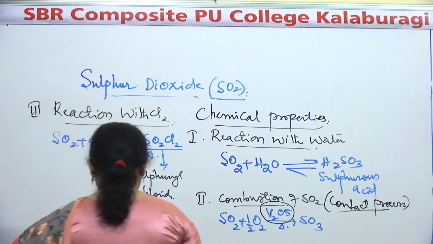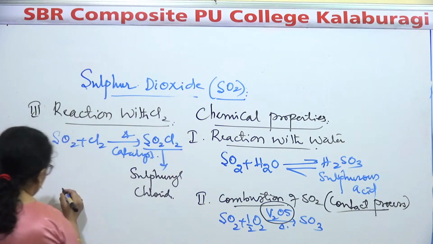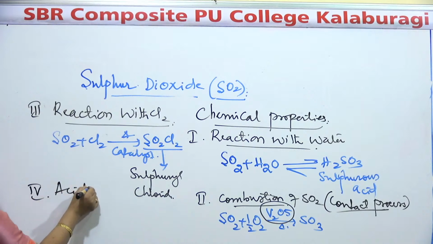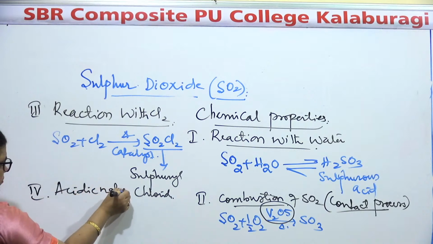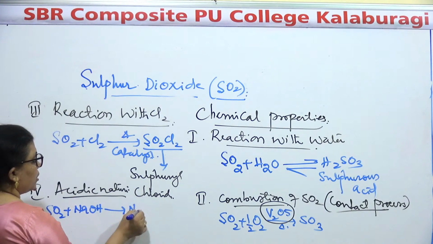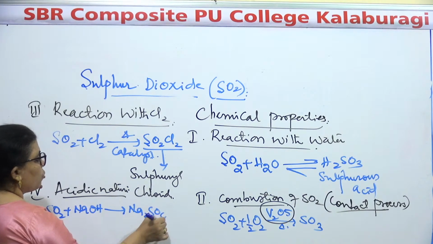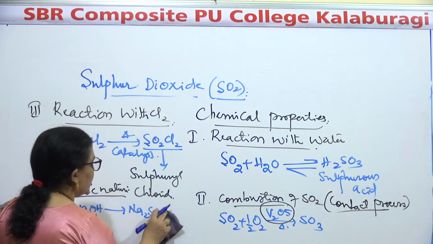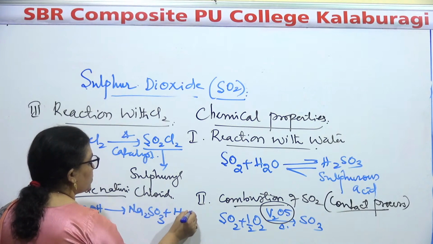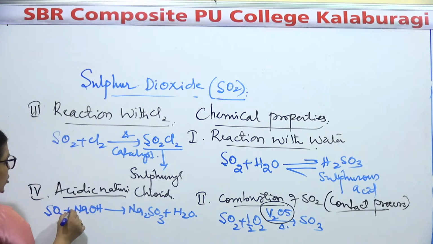We will see the acidic nature of sulfur dioxide. When sulfur dioxide is treated with a base like sodium hydroxide, it produces the salt sodium sulfite, Na2SO3, along with water.